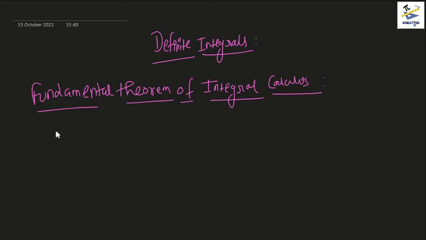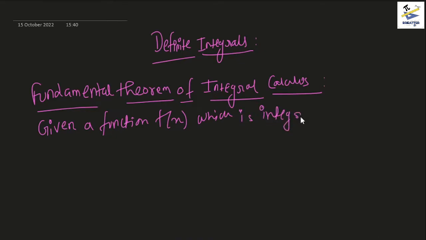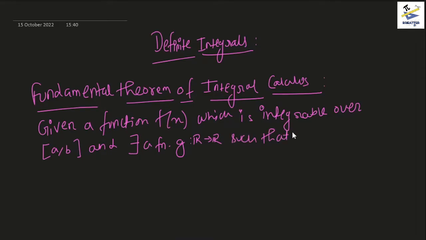So, given a function f(x) which is integrable over some closed interval a comma b, let's say, and there exists a function g from R to R such that g dash x is equal to f of x, that is, the derivative of g is f.